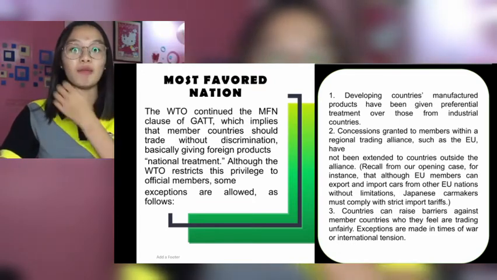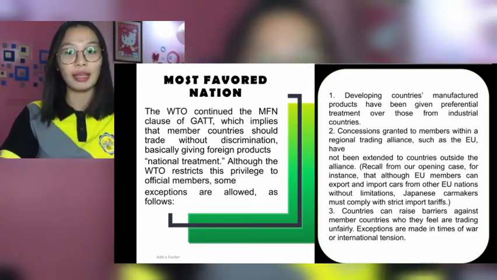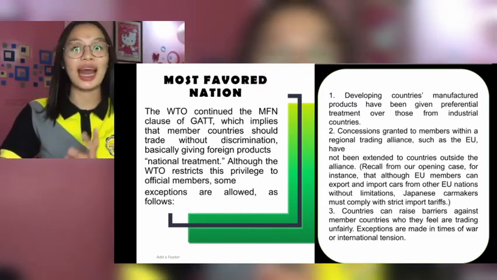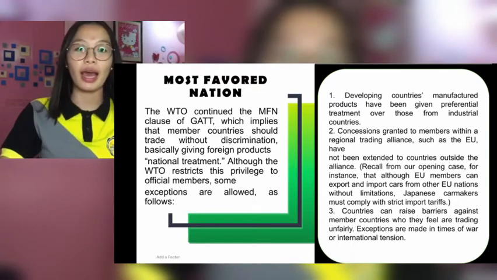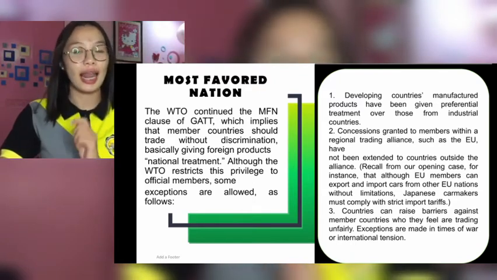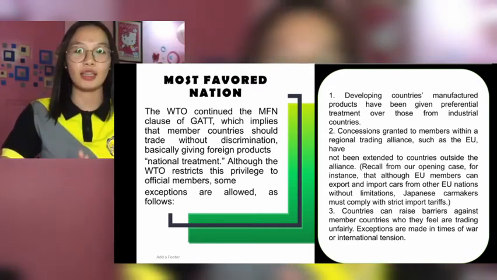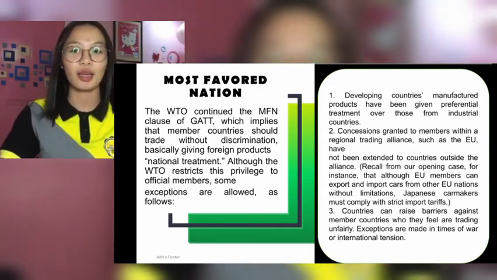The first is that developing countries' manufactured products have been given preferential treatment over those from industrial countries. Concessions granted to members within a regional trading alliance, such as the EU, have not been extended to countries outside the alliance.